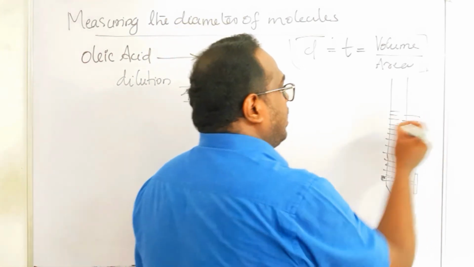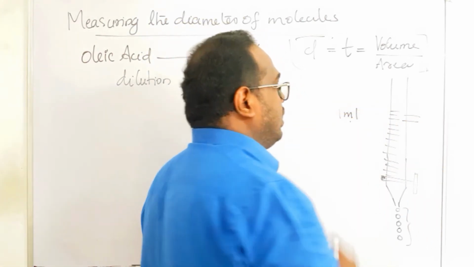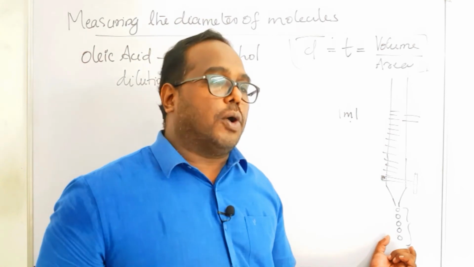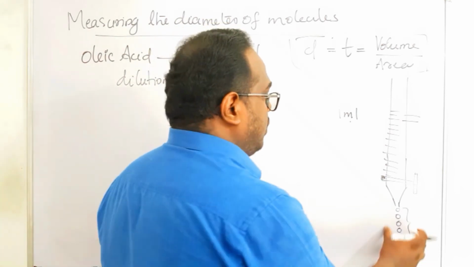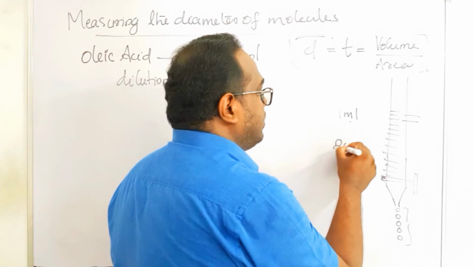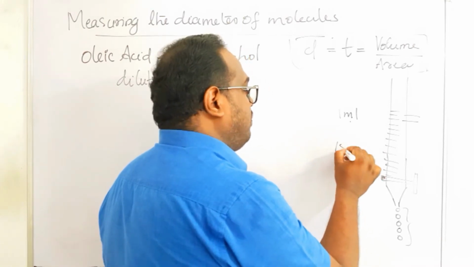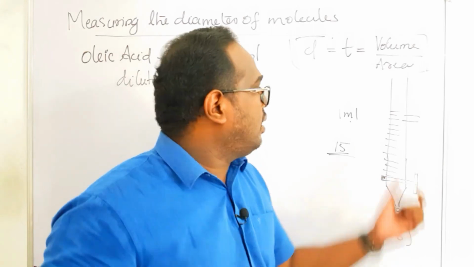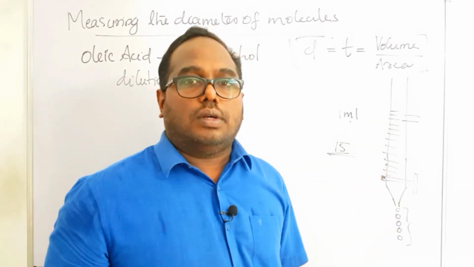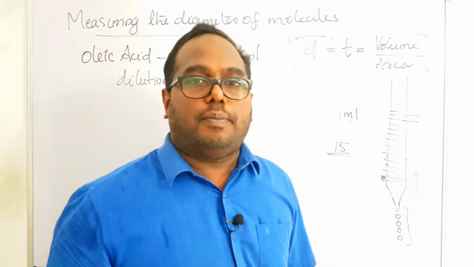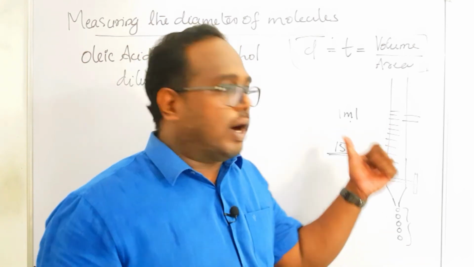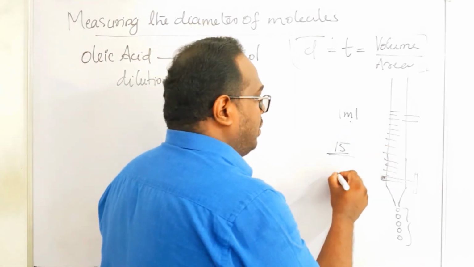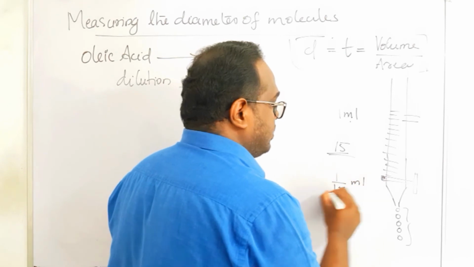For example, you are taking 1 ml and counting the drops for 1 ml. Suppose you found the drops to be 15. For 15 drops, 1 ml is coming out. So what will be the volume of 1 drop? For 15 drops, 1 ml, so for 1 drop it will be 1 by 15 ml, correct?